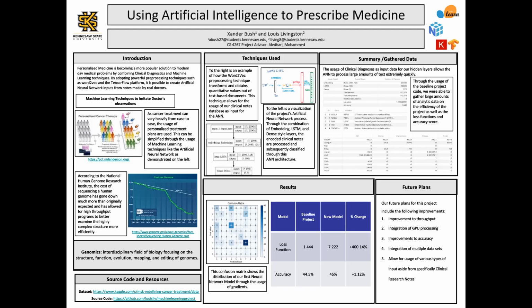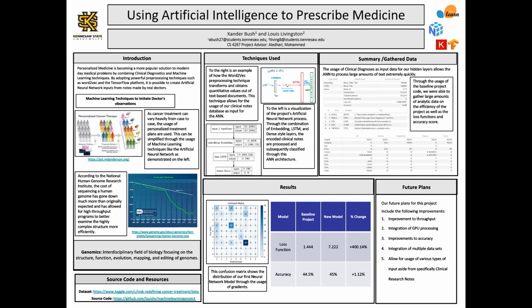So our future plans for this project, what we hope to be done towards this topic in the future, is an improvement to the throughput, because as our new model illustrates, in order to increase the accuracy at any point, we have to take a massive loss to the loss function.